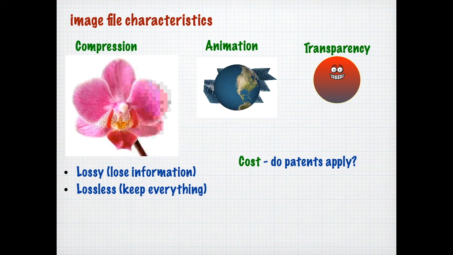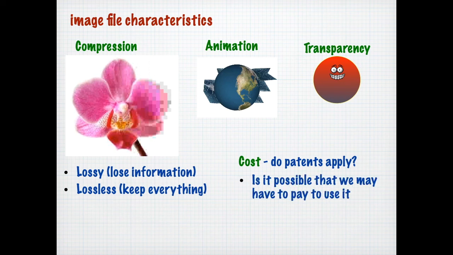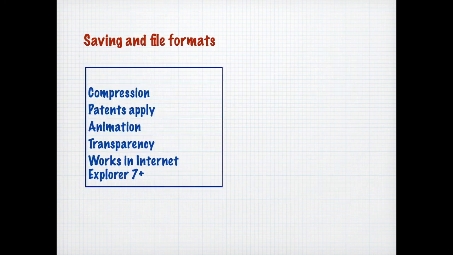For some file formats, there has been an argument that because they're based on mathematical algorithms, and some mathematical algorithms can be patented, some people have suggested that you might actually have to pay to use these file types. It's not really an issue too much at the moment, but it has come up historically. There have been certain organisations that have gone, well, we actually own the patent on that algorithm. That algorithm is used in that file type, therefore we should have some money.